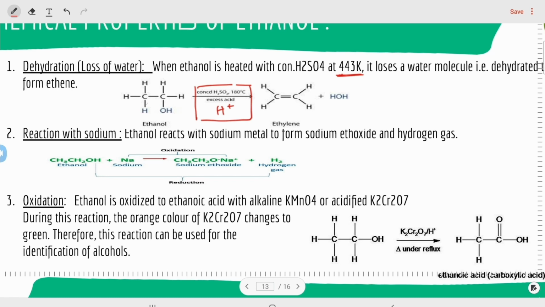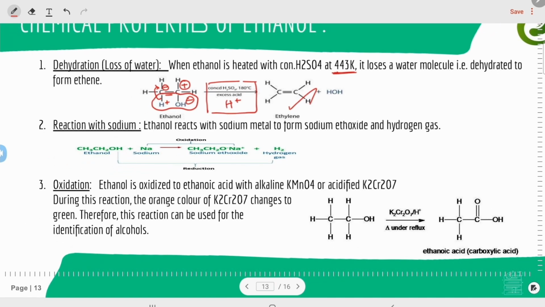So what is going to happen? It will remove this water molecule and this has lost one bond and this has lost another bond. This oxygen will take a minus charge, therefore this will get a plus, and this will take a plus sign because of which the electron will be shifted towards this carbon, therefore there is a plus and a minus. A bond will be formed and we'll get ethylene.